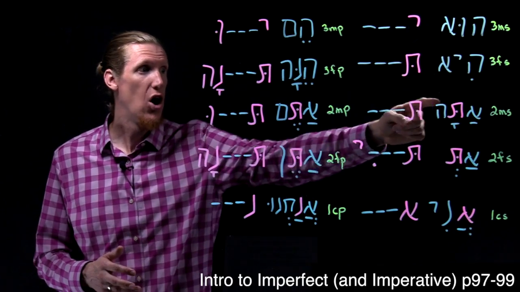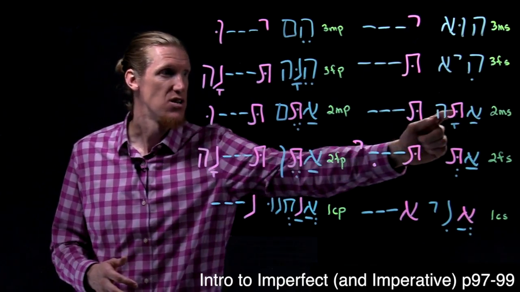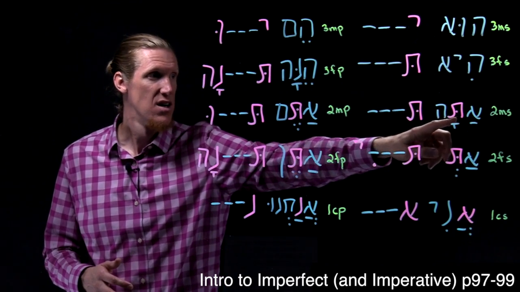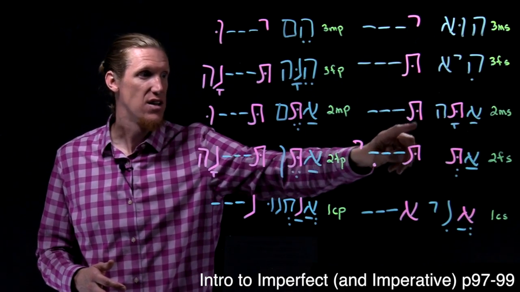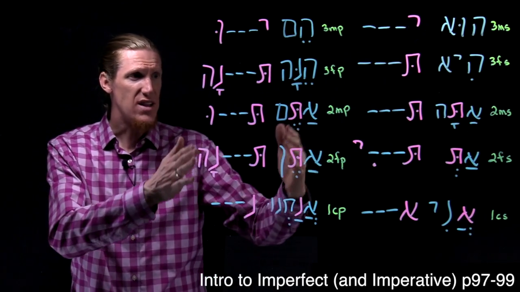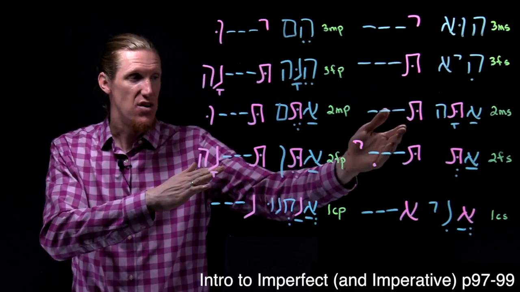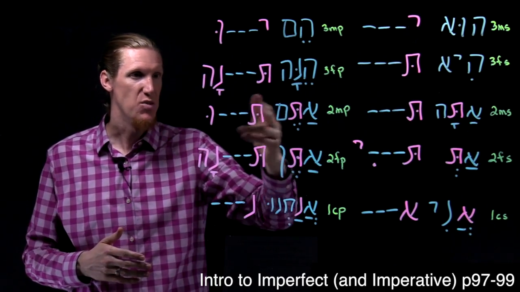For instance, all second-person prefixes are tavs. You can see the relationship between the IPP that has a tav here and the prefix with a tav. The difference between them, how you can tell between both gender and number, is the prefix complement.